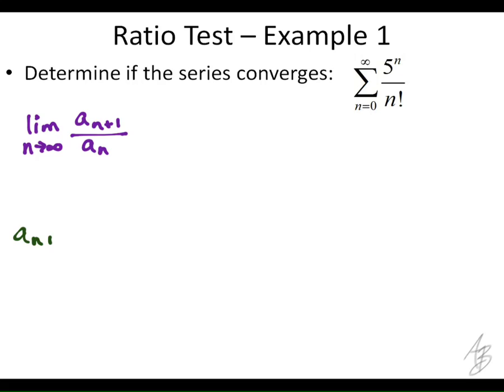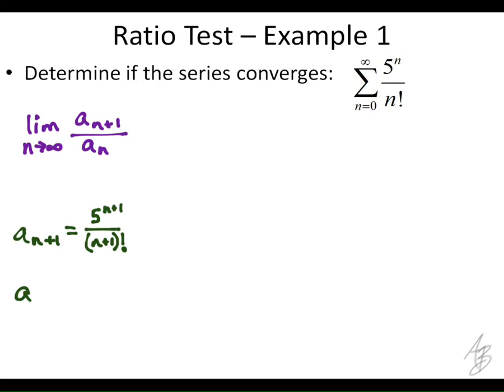But just to be clear about what we're doing here, I'm going to do a little bit of this off to the side. What is the n plus first term going to be in this series right here? What do I get on top? 5 to the n plus 1 over n plus 1 factorial.